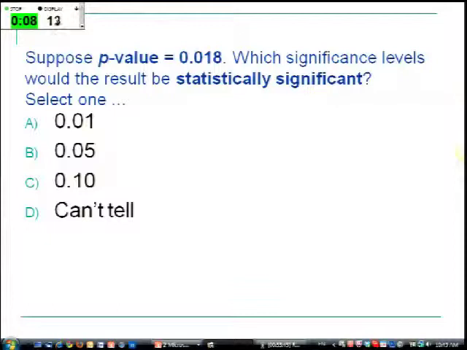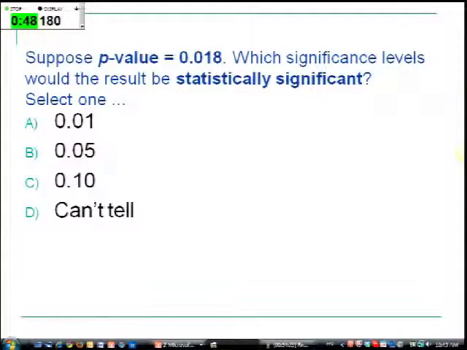All right, polling. It asks you, for which of these significance levels would you be statistically significant? At which of those levels? You've got the p-value.